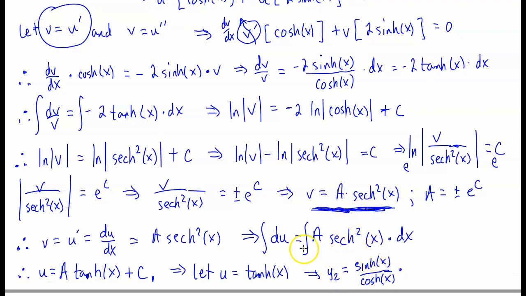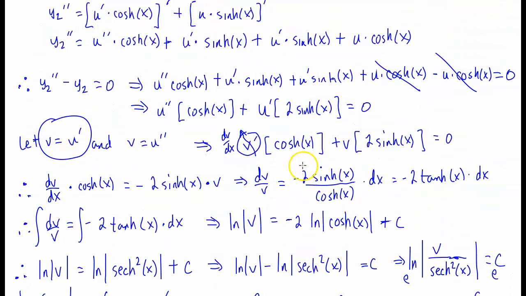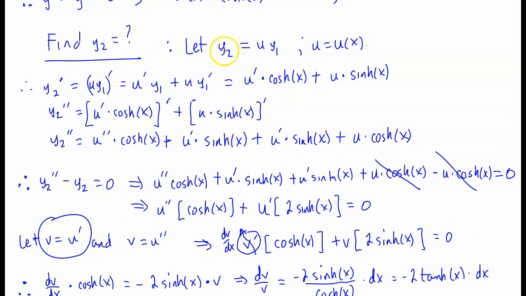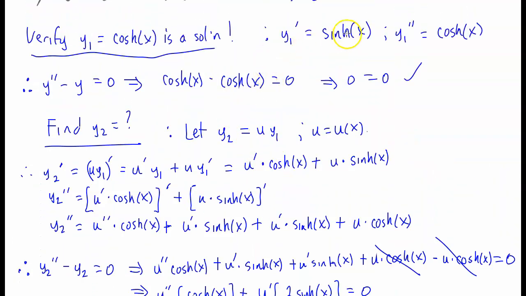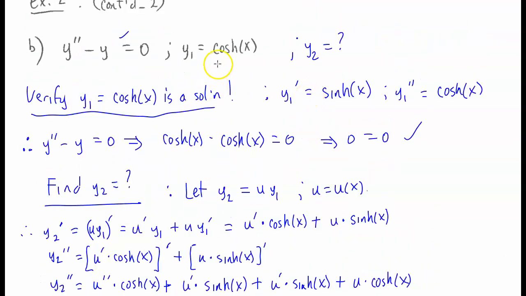Because remember here, let's see, yeah, so let that be that. We come back up here. Remember that our y sub 2 is going to be u, which we just found, times y1. And remember our y1 here was sinh x. Sorry, not sinh x, cosh x here.